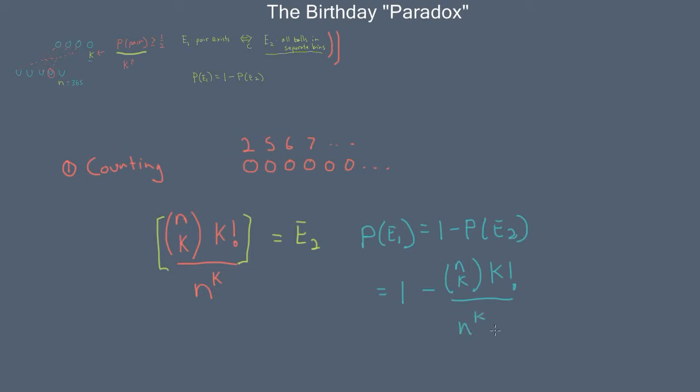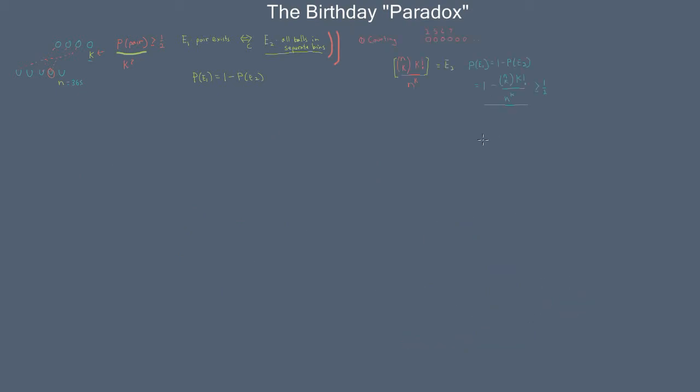So for the specific birthday problem, n would equal 365, and then we simply have to solve for k such that this entire expression is greater than or equal to 1/2. Now, a problem with the counting approach is that this expression can be computationally unwieldy to deal with. Particularly counting factorials for large numbers is not a thing that computers necessarily like to do.